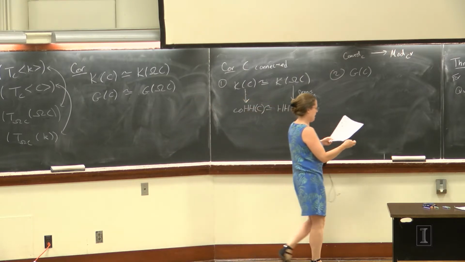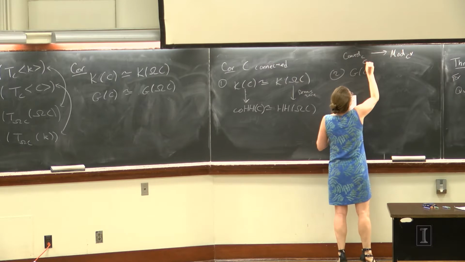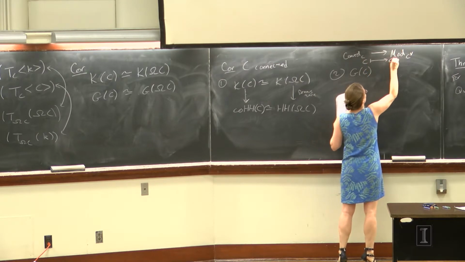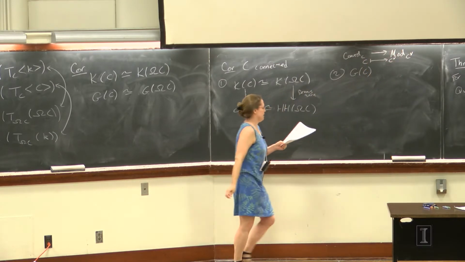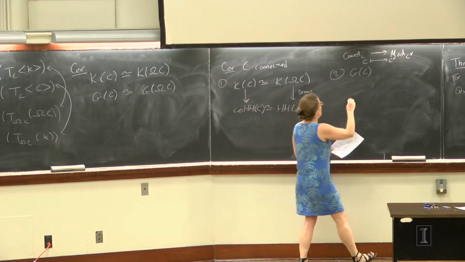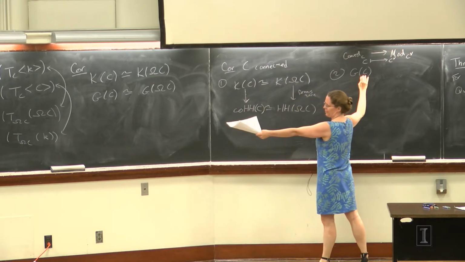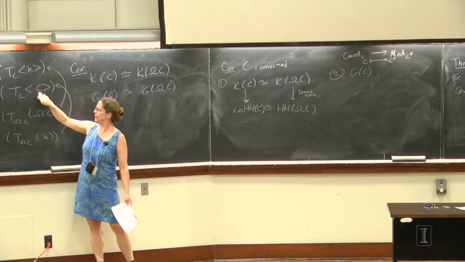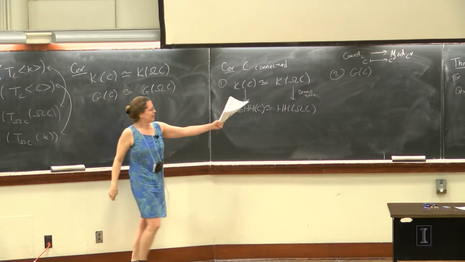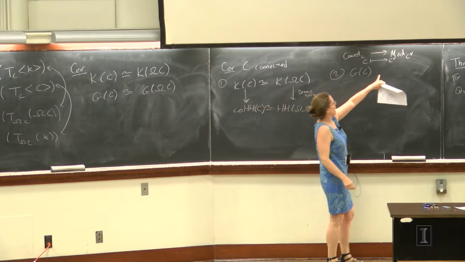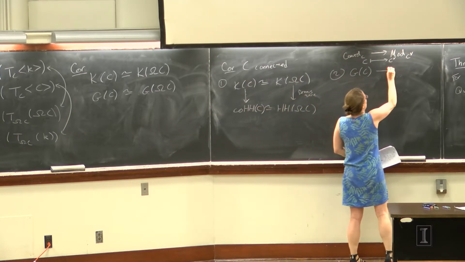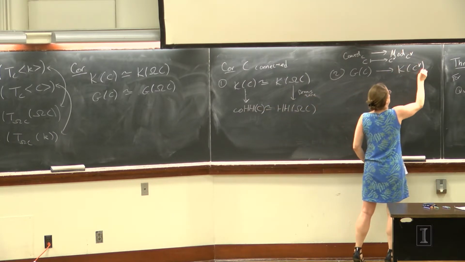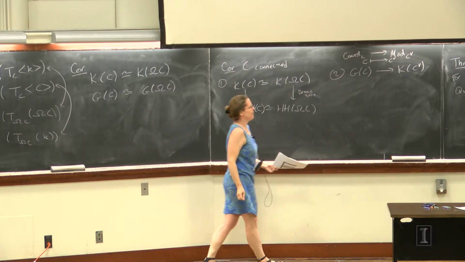The object C is taken to the dual of C. The G theory of C, associated to the thick subcategory generated by C, is taken to the thick subcategory generated by the dual, and therefore we get a map to the K theory of the dual.